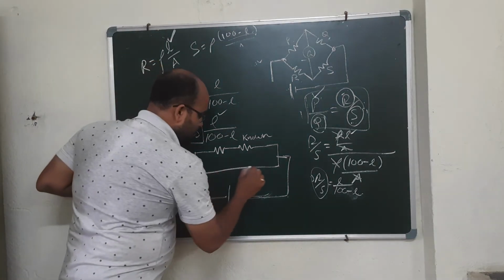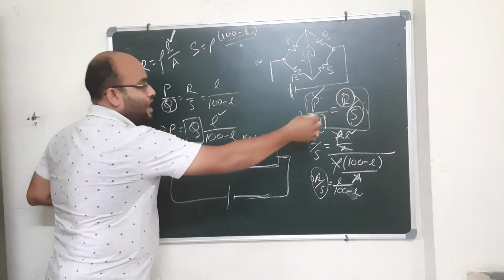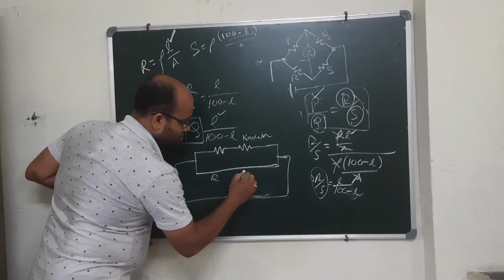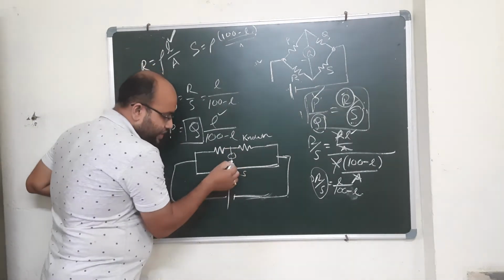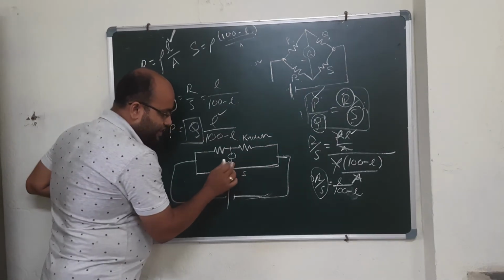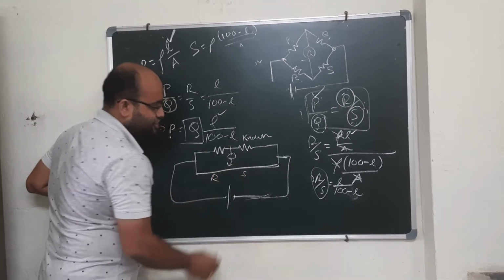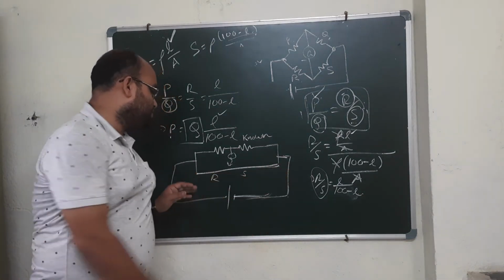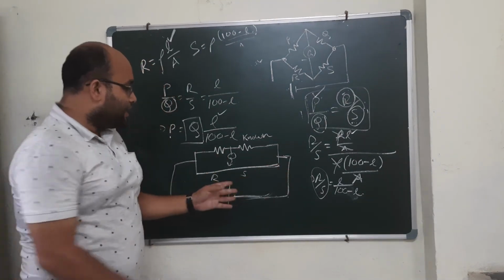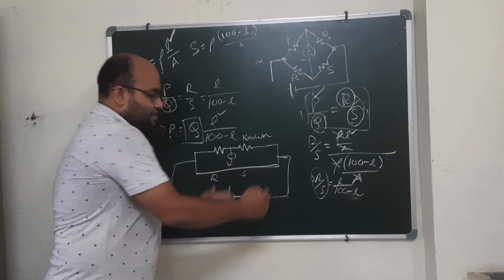We have a wire, which is the combination of R and S, and a galvanometer. So what we can do is switch this pointer wherever we wish, and accordingly we can divide this length of the wire into two parts, R and S.